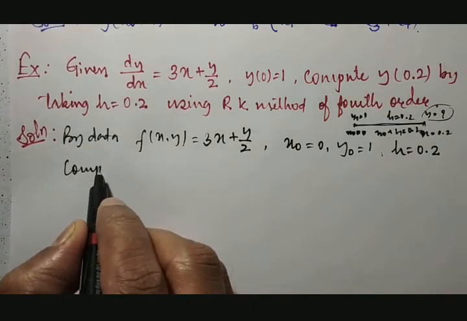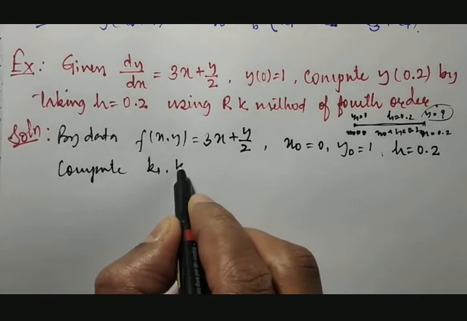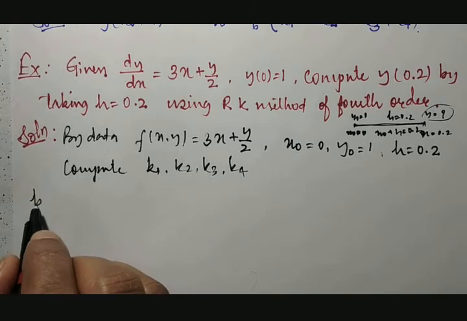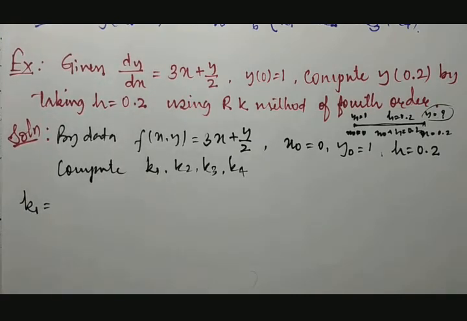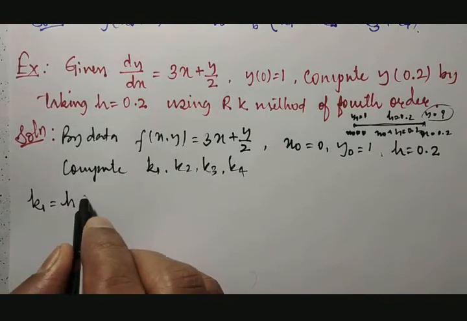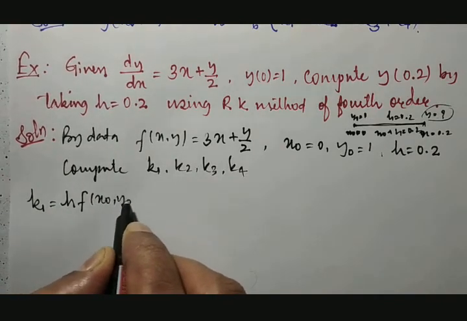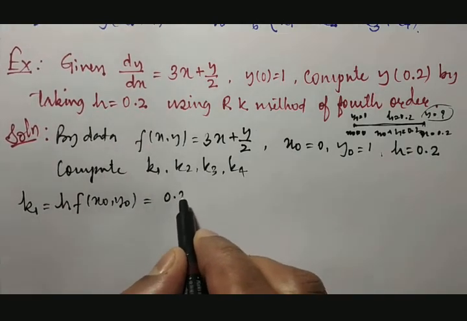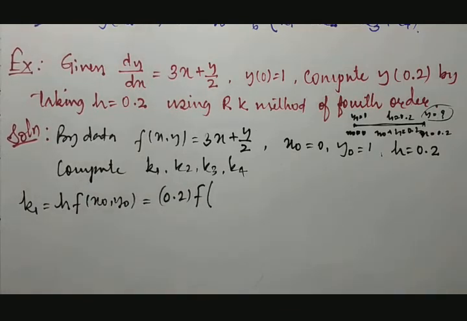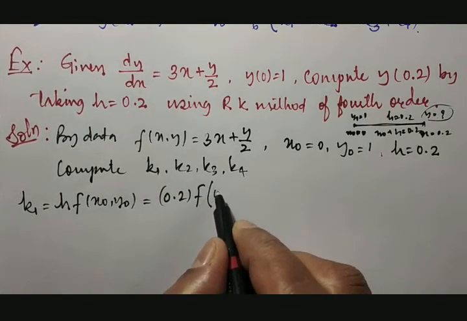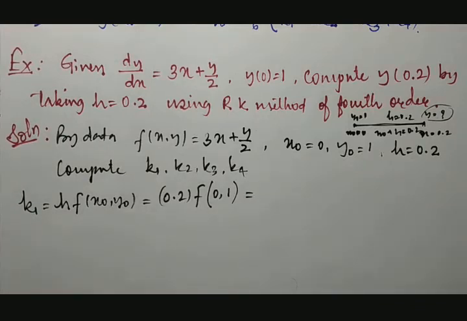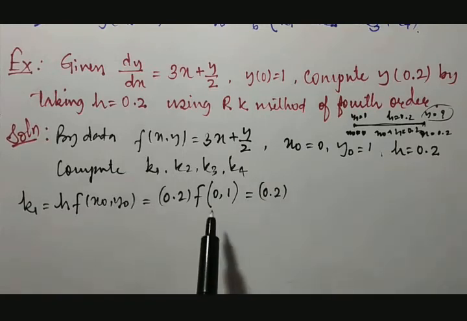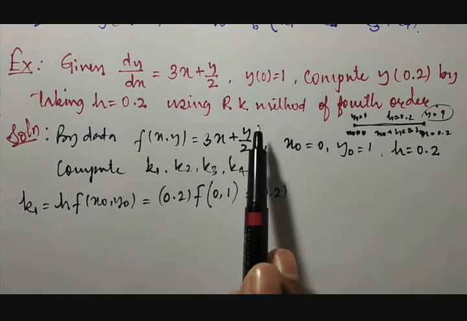Okay. Very first, what to do? First compute the value of K1, K2, K3 and K4. So K1 will be calculated by using the relation h into f of x naught comma y naught. h is 0.2. Then f of x naught is 0, y naught is 1. Therefore, it is 0.2 into the functional value, which is 3x plus y by 2.